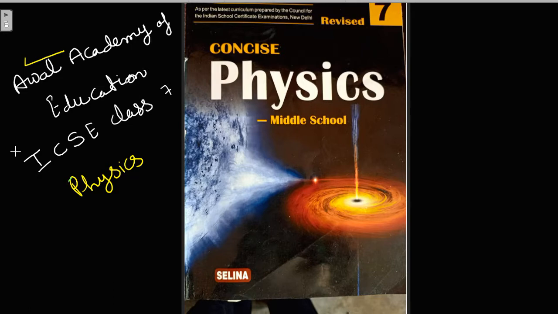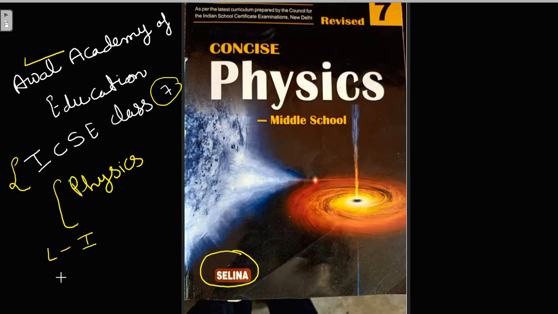Today we are going to start ICSE class 7 physics. This book is Selina, and the lesson is the first, part 2. Part 2 of the lesson we are going to start here.